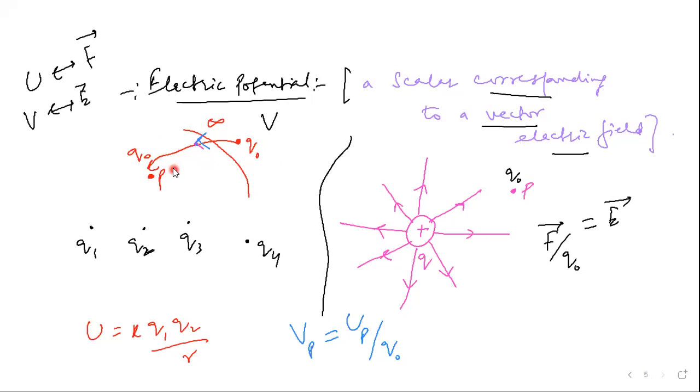The potential energy of the system changes from zero. When I say from zero, that is of this particular contribution of this test charge term, right? It changes from 0 to value UP. UP is the contribution of the test charge.